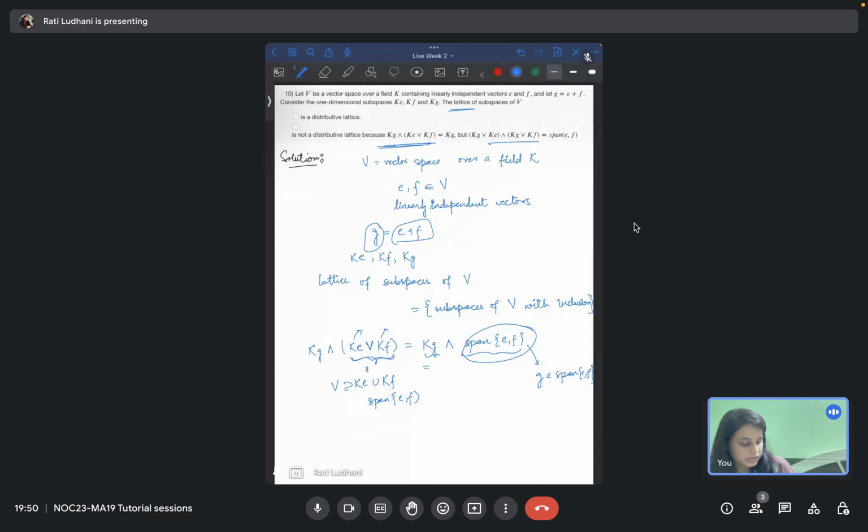So G is there, which implies KG is a subset of the span of E and F, and this itself is a vector space. So taking the intersection, you will get just KG. So this part is true, the smaller one. Okay. What about the other part? Just a second.